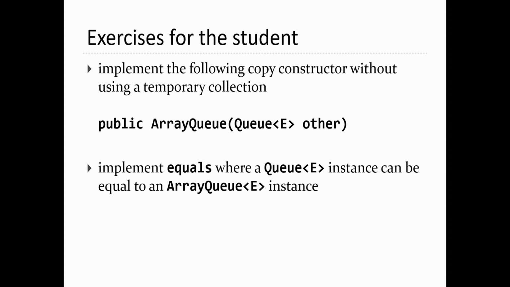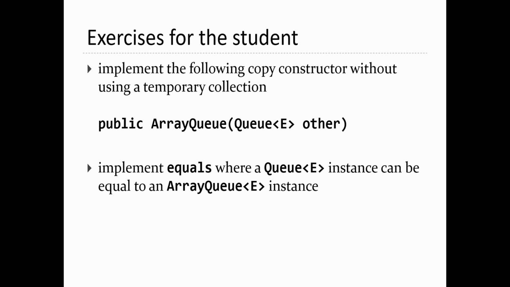That queue should be equal to this queue, because they both represent queues where the first element is an A, the last element is a C, and the middle element is a B. So those two queues are equal, it's just that their arrays are not equal.